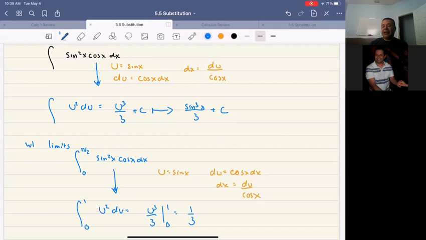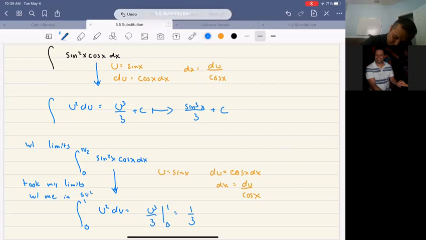I didn't have to replace it back because I took my limits with me in the substitution. That's generally what I'm going to be doing.